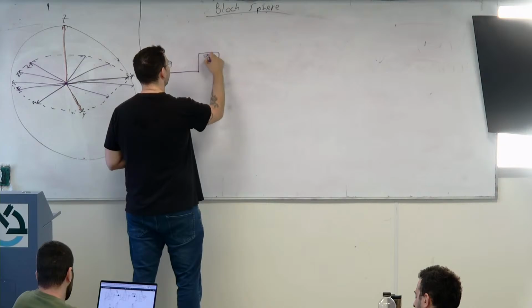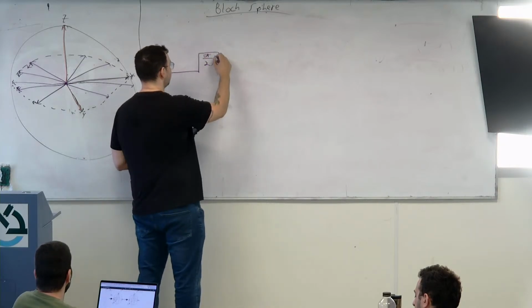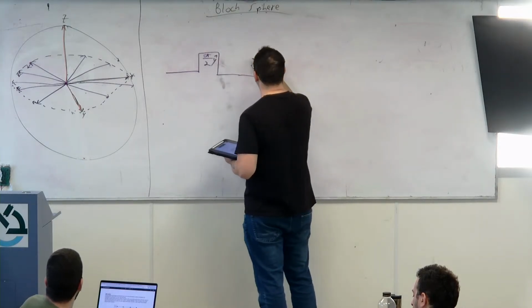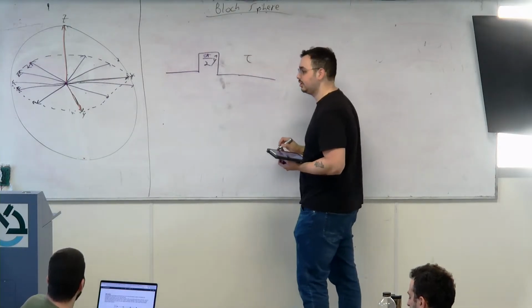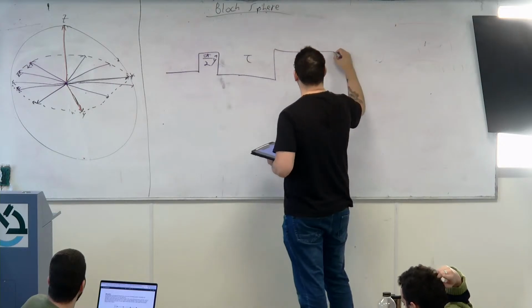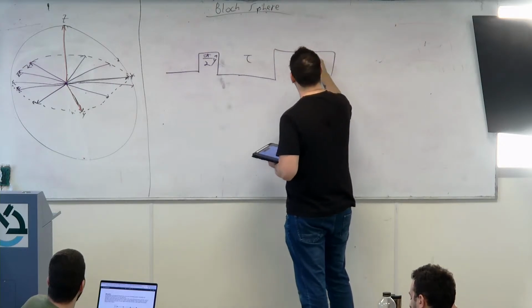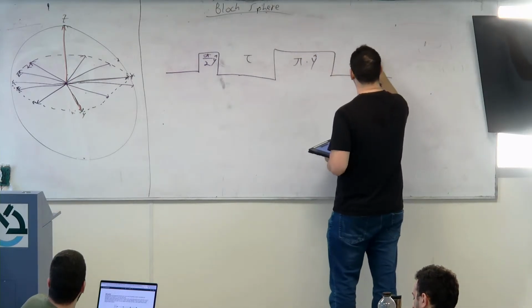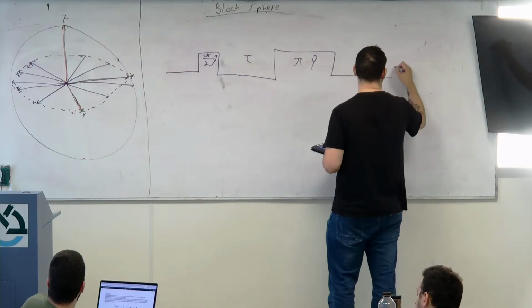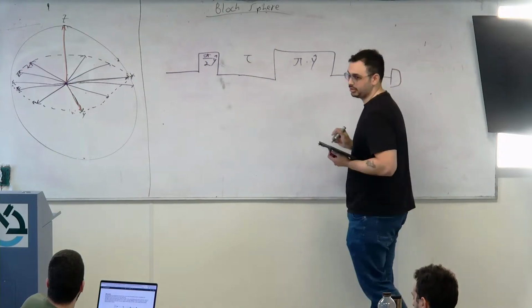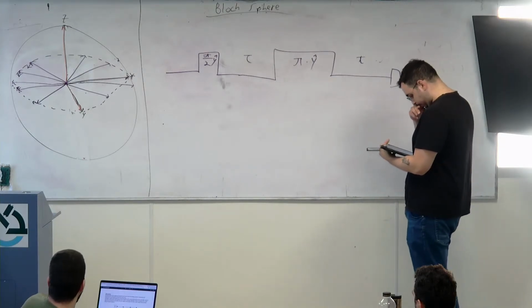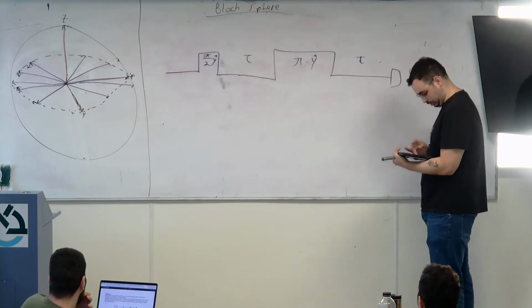Then you do a pi half in the y direction to put them on the x, and then you give them some time to evolve, tau, which is then we want to check, and then we do a pi rotation in the y direction, and we give them another tau, and then we measure. Okay.